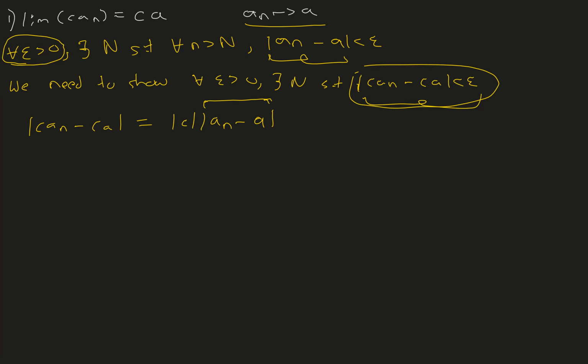So we can make the modulus of an minus a as small as we like. We can make this distance as small as we like. So I'm going to make it such that the modulus of an minus a is less than c epsilon. Now, we know that there exists an n such that this is true, because it's true for all epsilon greater than 0.